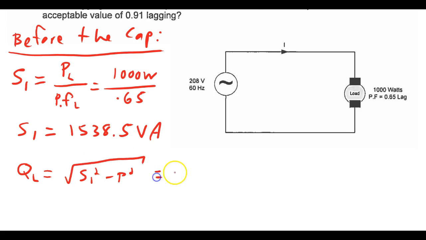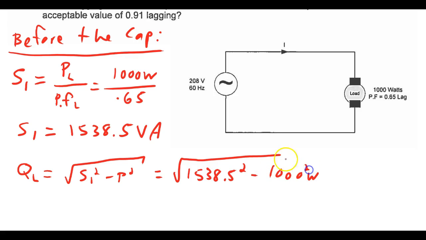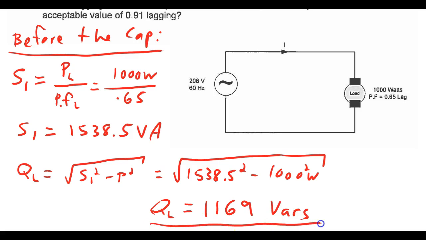And that gives us a calculation of 1538.5 volt amps squared subtract 1000 watts squared. And so we'll calculate then QL, the inductive reactive power, approximately 1169. The unit is vars or volt amps reactive.